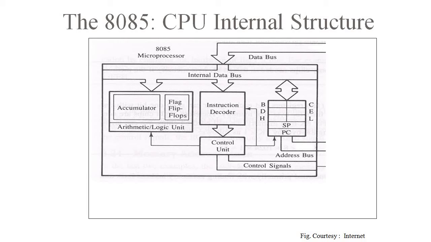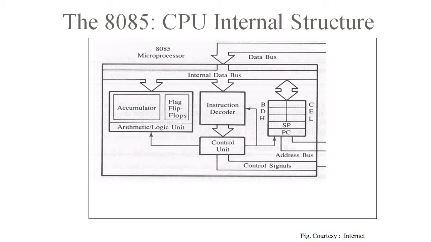Then there is a flag flip flops. So it is a kind of register. Then there is an accumulator. So accumulator is an 8-bit special purpose register that is a part of ALU, and arithmetic and logical operations.